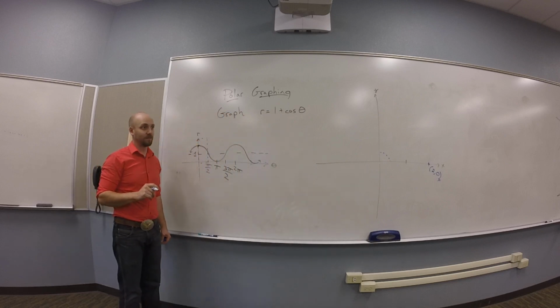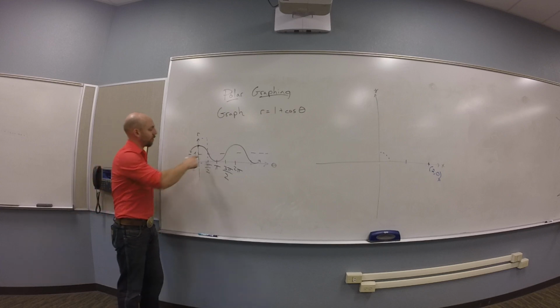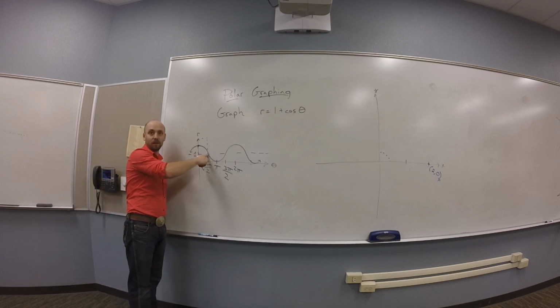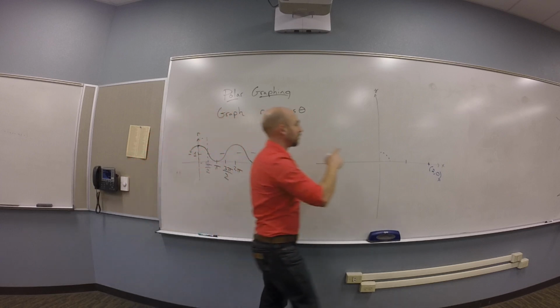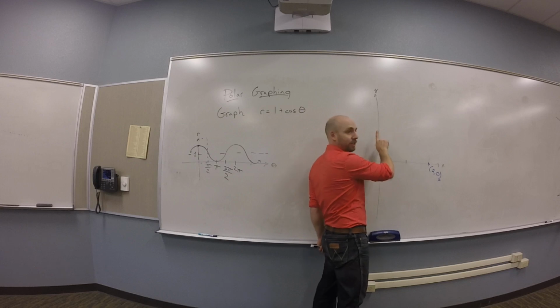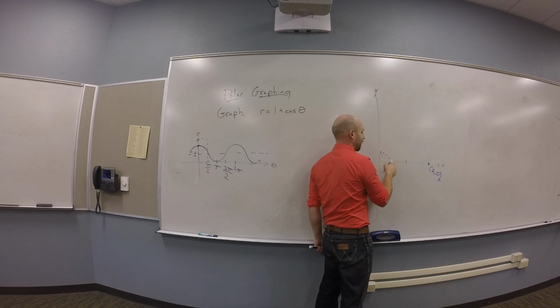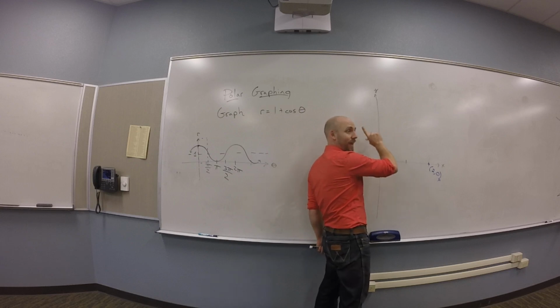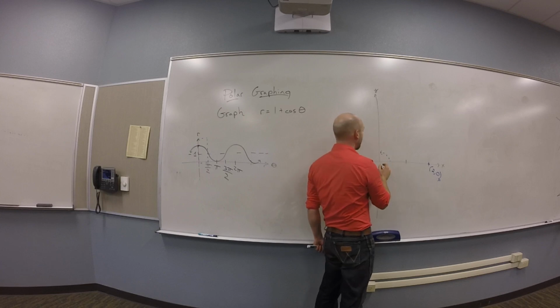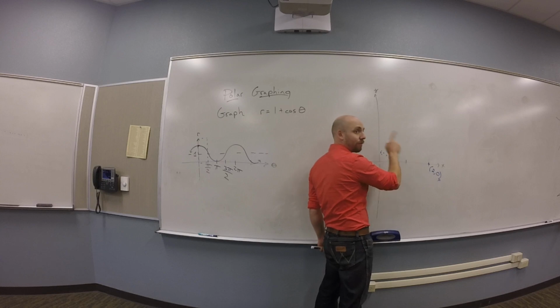Then right here, the radius is 1 and the angle is pi over 2. So when we got to 90 degrees, I'm going from an angle of 0 to an angle of 90 degrees, getting to a radius not of 2 anymore, but of 1.